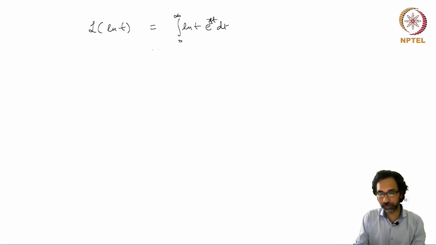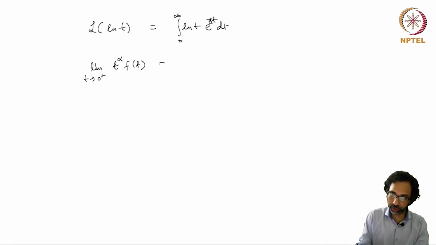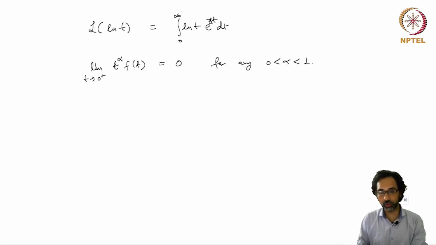Now note that this Laplace transform exists because of our sufficient condition for a function which is not piecewise continuous at t equal to 0 to exist, which was that the limit as t goes to 0 plus of t to the power alpha times f(t) should be 0 for some alpha between 0 and 1.